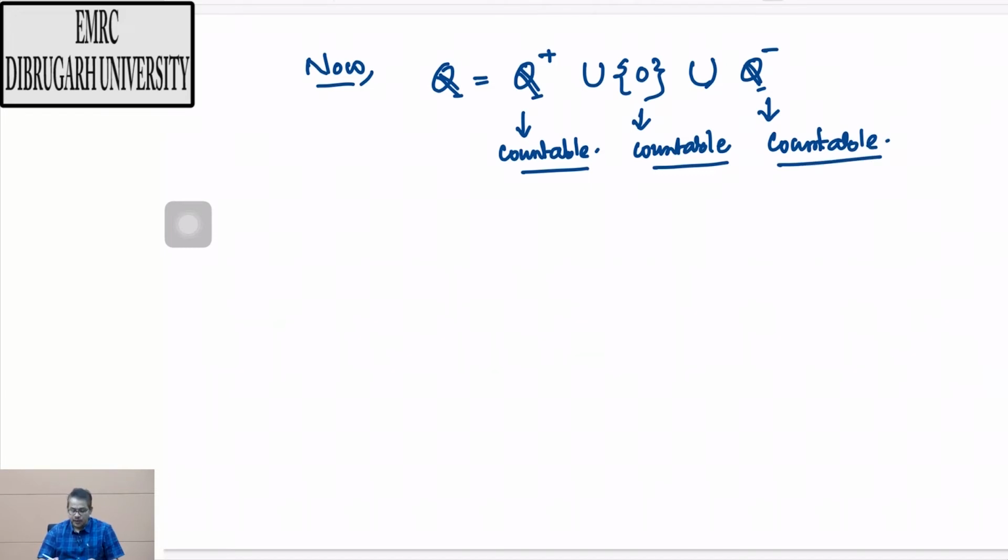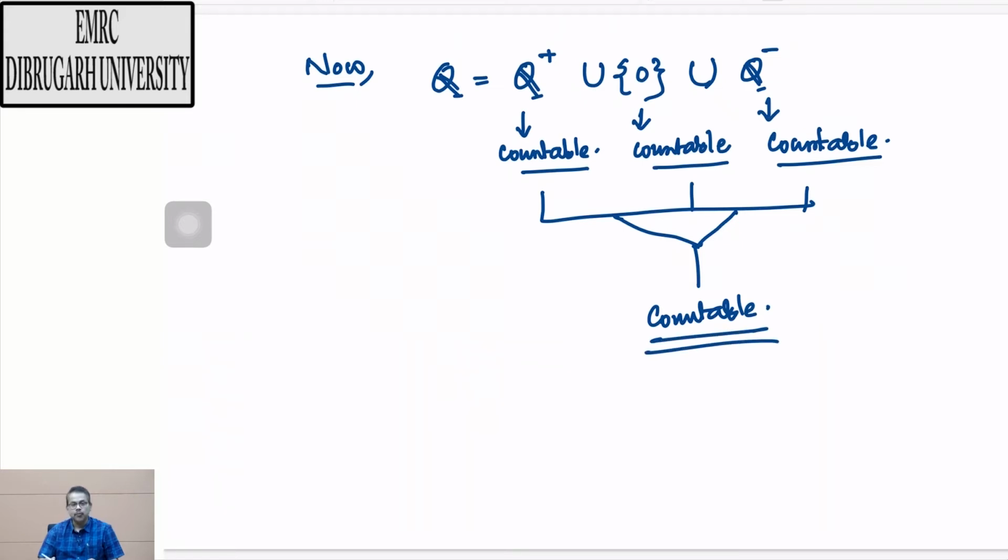Therefore, this is a union of three countable sets, and by this result their union is also countable, and this completes the proof that Q is countable.